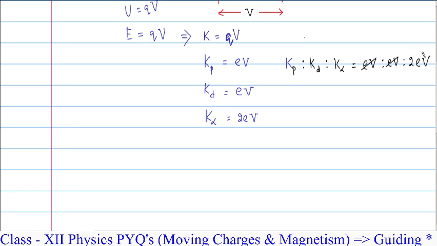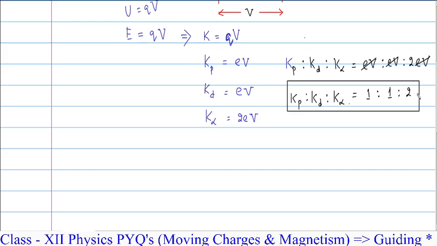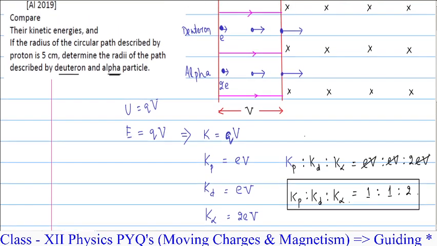The eV will get cancelled out. So finally, what will we get? 1 is to 1 is to 2. So the ratio of the kinetic energies of these particles will be 1 is to 1 is to 2. This will be the first comparison.